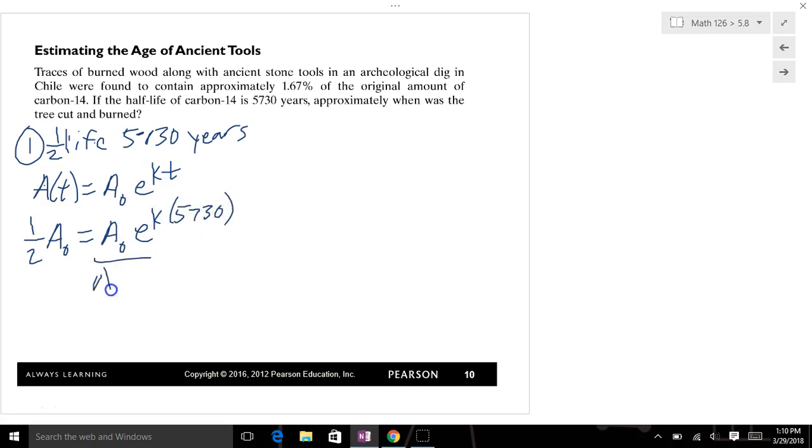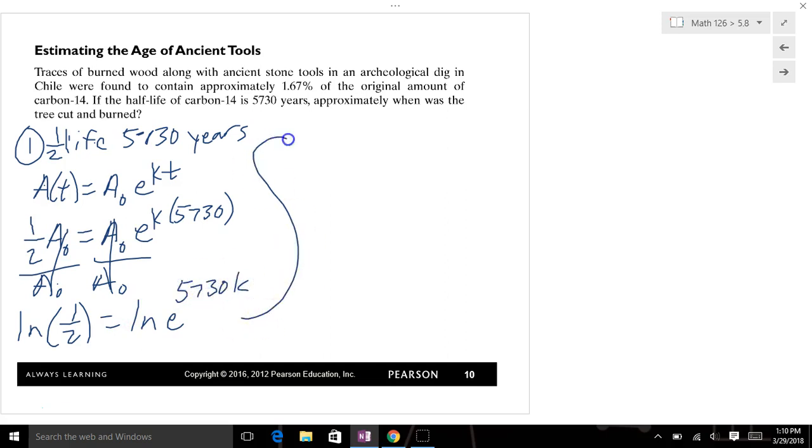Divide by A subscript 0. Take the natural log on both sides, so the ln of 1/2 equals the ln of e to the 5,730k. So then I've got 5,730k equals the ln of 1/2, or the ln of 1 minus the ln of 2, however you want to write this.